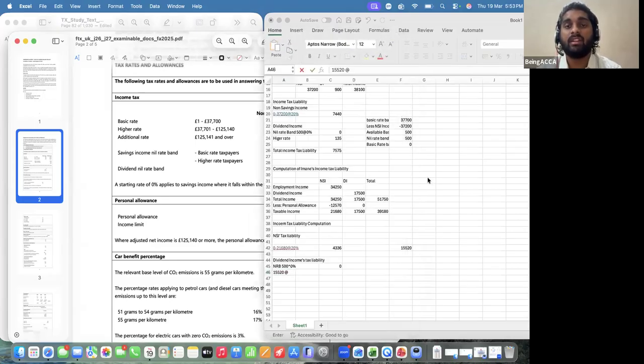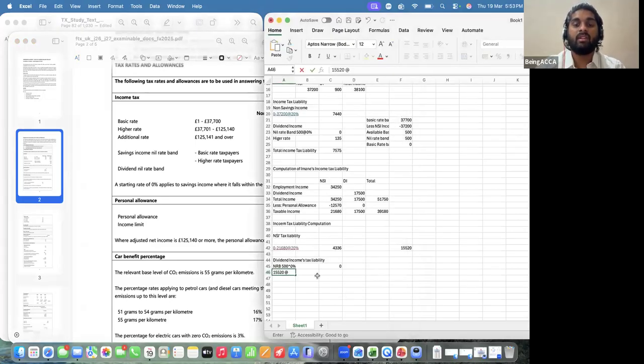So now we know that it's 8.75%. So we will calculate it at 8.75%, making it a total of 15,520 into 8.75%, making it 1,358.